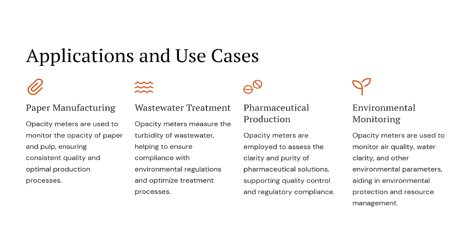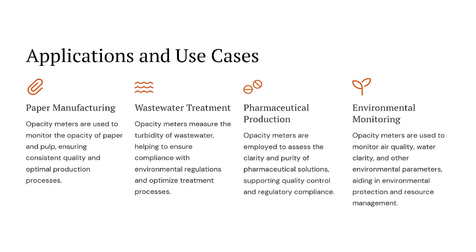Let's talk about the applications and use cases. Opacity meters are useful in many industries. Here are some examples. In paper manufacturing, they check the opacity of paper, which affects its quality. In wastewater treatment, they measure how cloudy water is, helping to keep it clean and meet environmental rules.